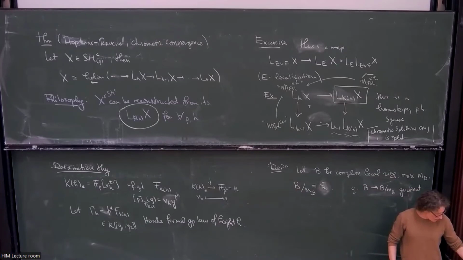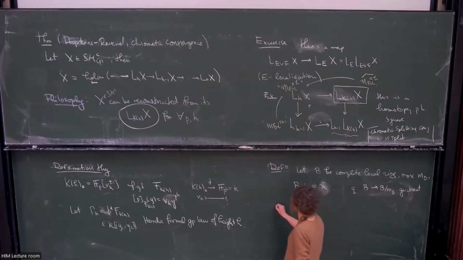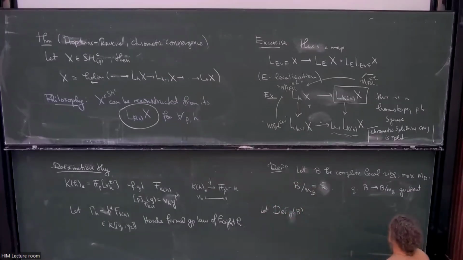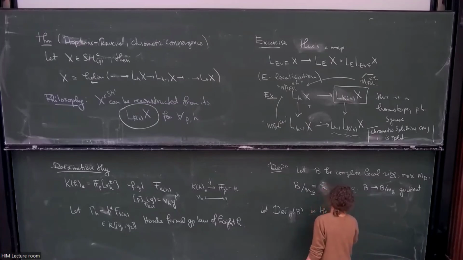So now I'm gonna let the deformation of gamma over B be the following groupoid.